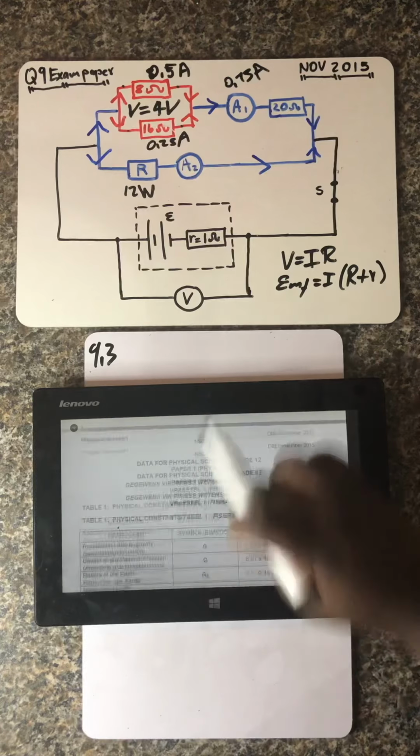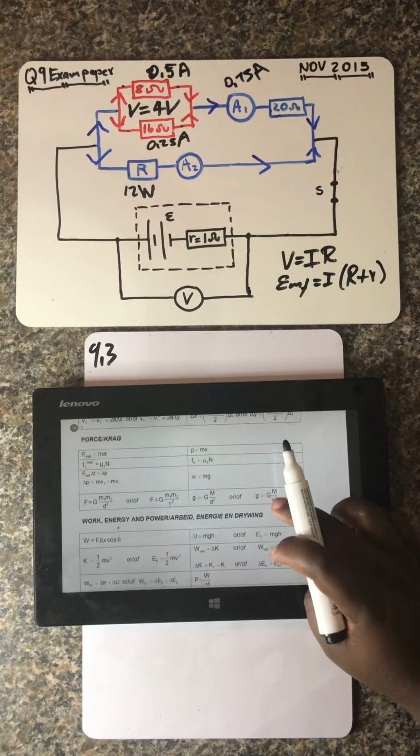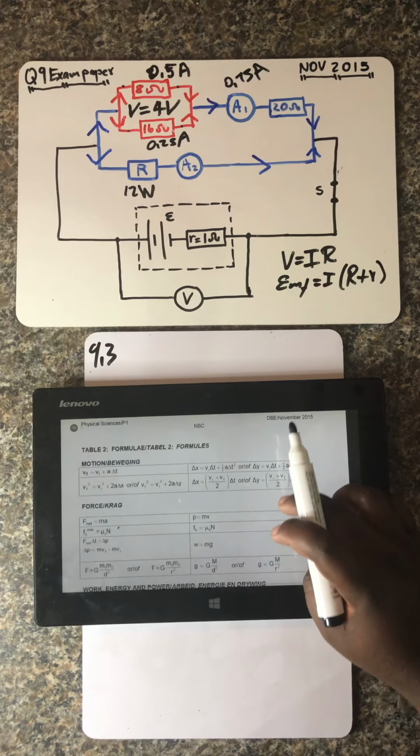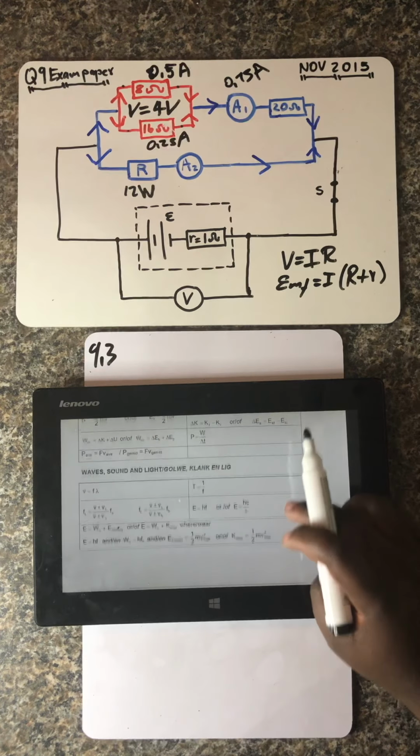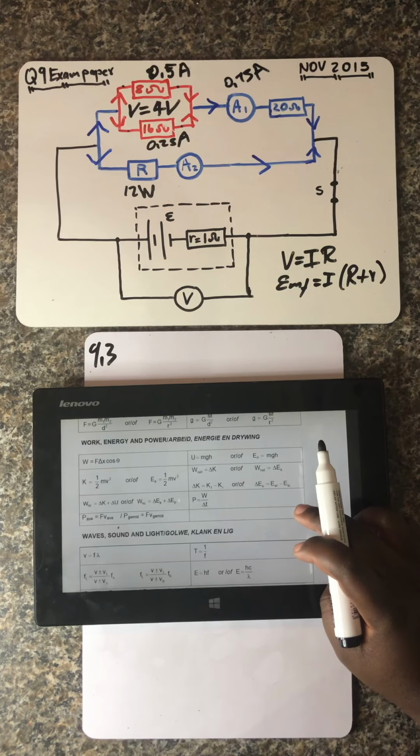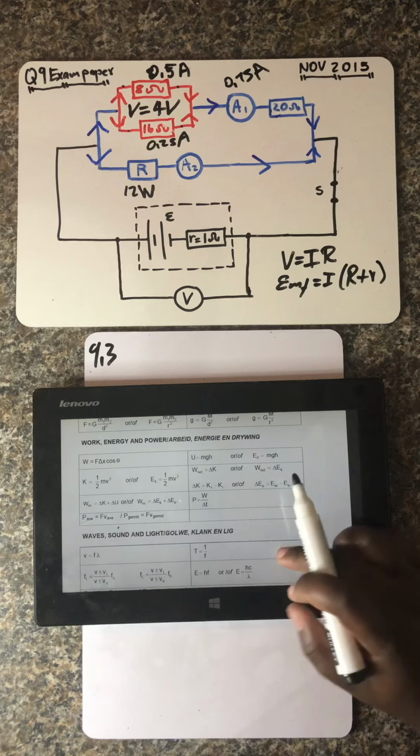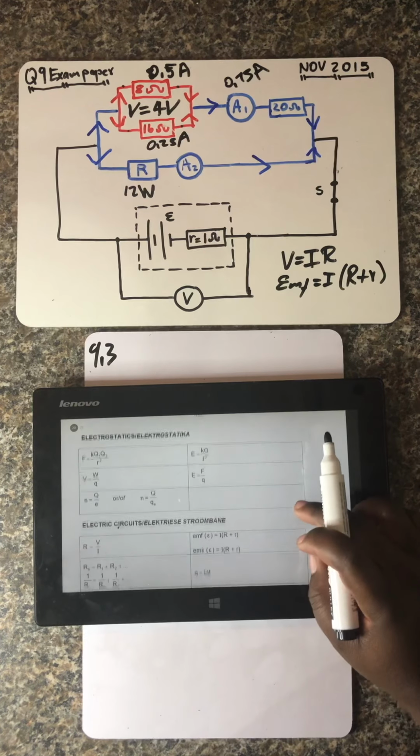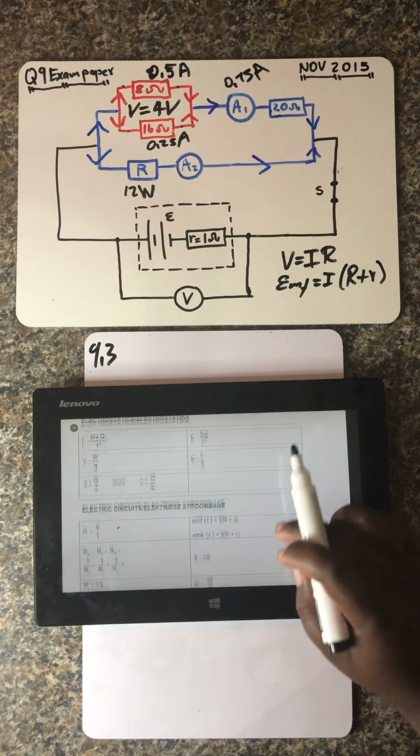So I'm just quickly going to check the formula sheet, okay, and look for that formula for calculating the power. You've got a lot of formulas of which you need to be careful of which formula to use.